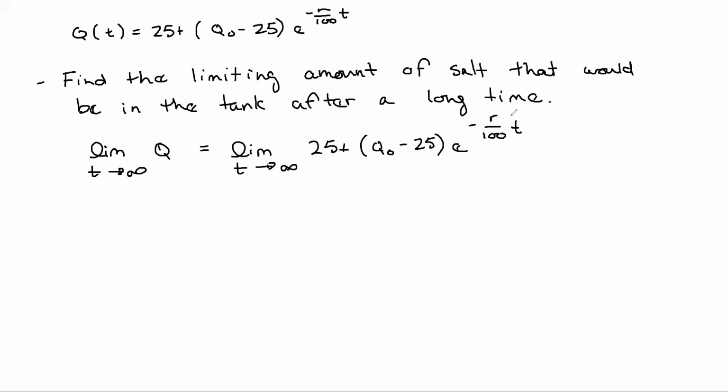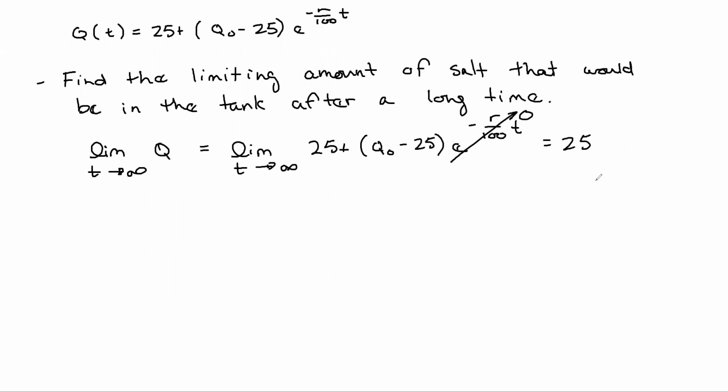If t goes to infinity, then we're going to get a very large negative exponent, and e to a very large negative exponent is going to go to 0. So this goes to 0, and then we'll have something times 0, that's going to be 0. And so you'll end up getting 25.